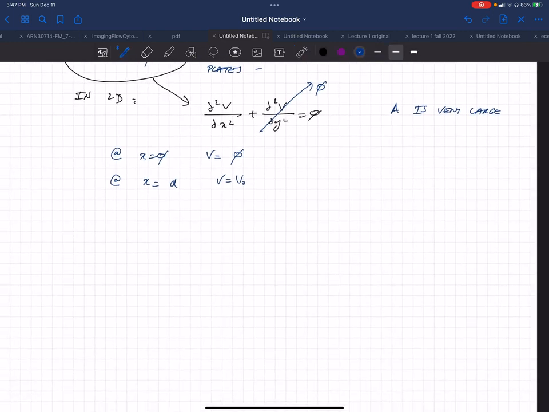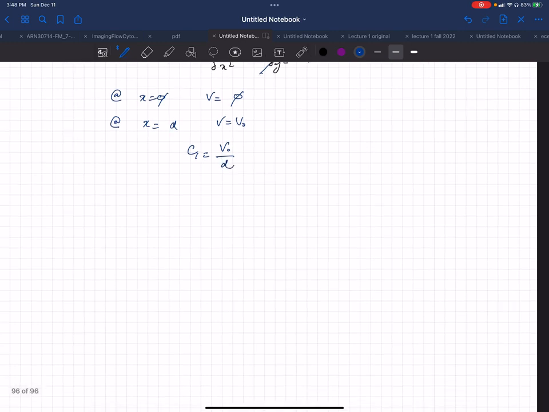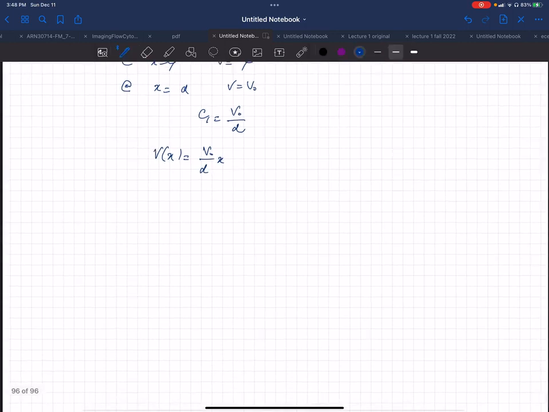We just have that C1 is equal to V0 over D, and V of x is V0 over D times x. Okay.